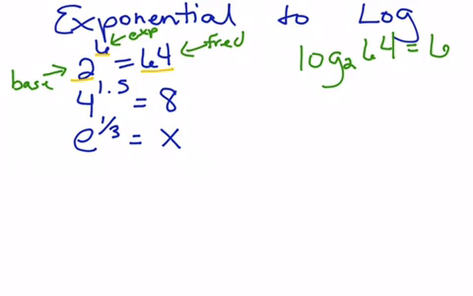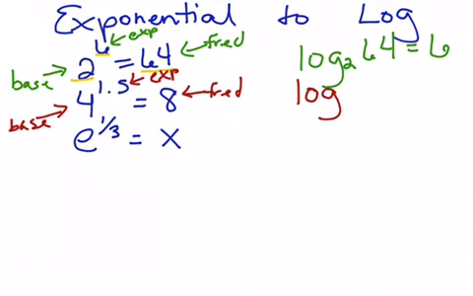I'm going to do the next one in a different color because they're kind of squished, sorry. 4 is my base. 1.5 is my exponent. 8 is Fred. And let's clarify, as we did in the last class period, Fred is not a mathematical term. You will not see this on the end of course exam. It's just a way for us to communicate about that particular number no matter what position it is in.